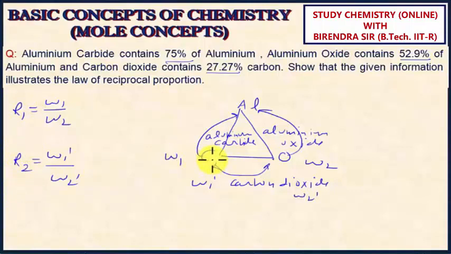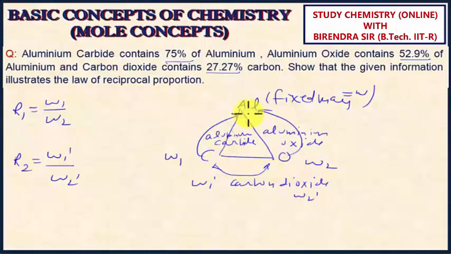What is W1? W1 is the weight of carbon that reacts with aluminium, fixed mass of aluminium, to form aluminium carbide. W2 is what? Weight of oxygen that combines with fixed mass of aluminium to form aluminium oxide. And W1 dash is the mass of carbon that reacts with W2 dash gram of oxygen to form carbon dioxide.